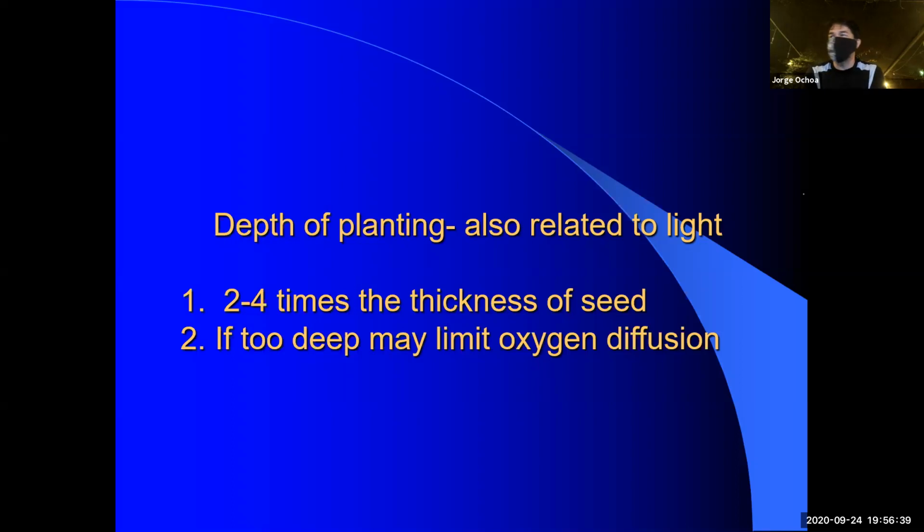The smaller seeds have hardly anything, so they need to be almost on the surface, and the moment they germinate they already have roots and the leaves are closer to the light. And if you put them deep in the ground, there's limited oxygen, which is going to prevent some of the seeds from coming out of dormancy.